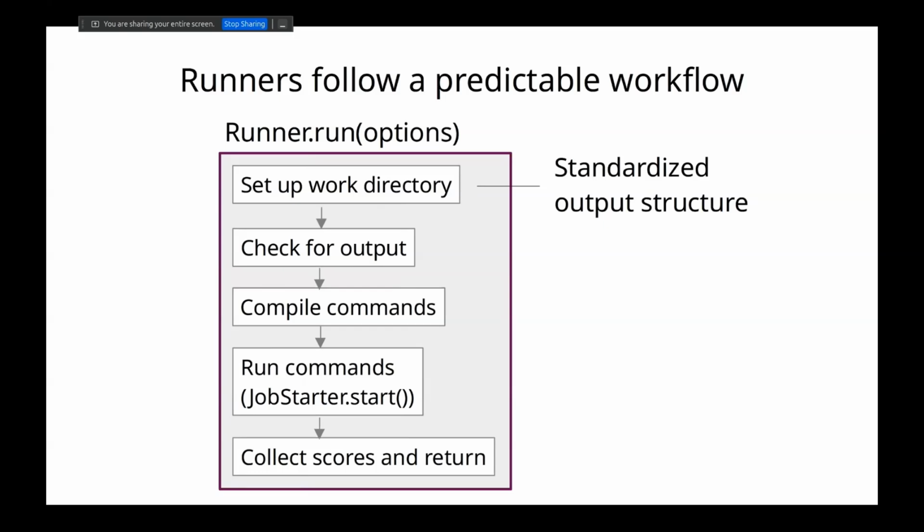As a first step, you always need to set up a working directory, because we want to keep the output structure of ProtFlow runners standardized. So it should always be in the working directory of your current Poses object, and the output directory of your runner should always be named after the prefix that you give the run. This way you always know where your outputs are, as the guys from Ovo also discussed.